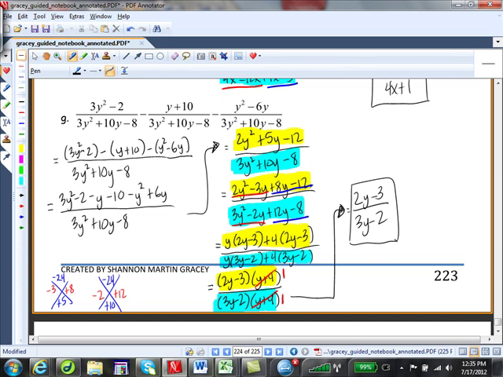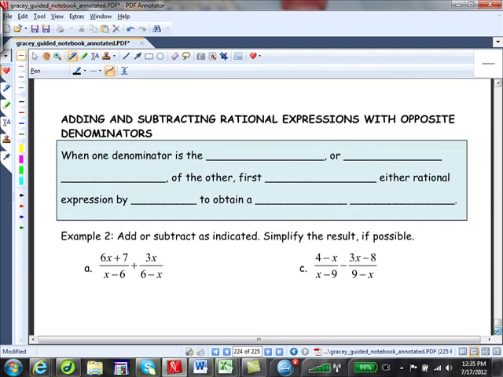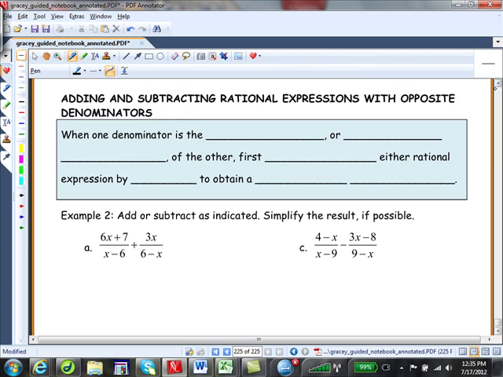All right. So our very last task is to be able to add and subtract rational expressions that have opposite denominators.